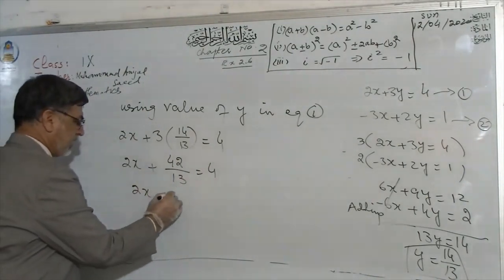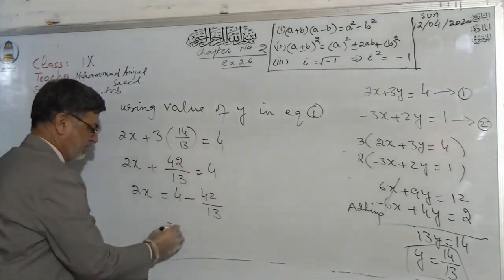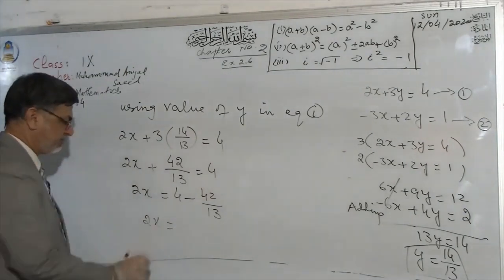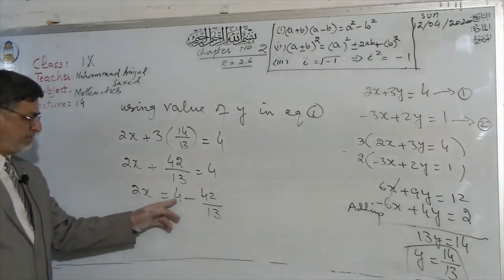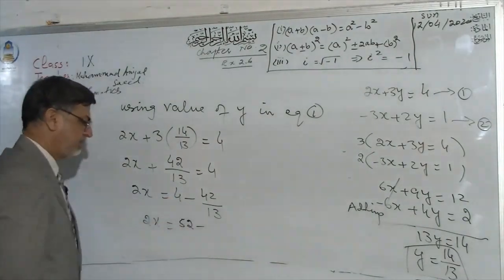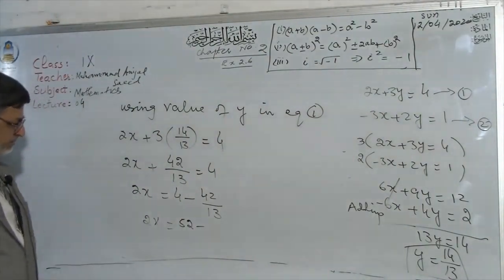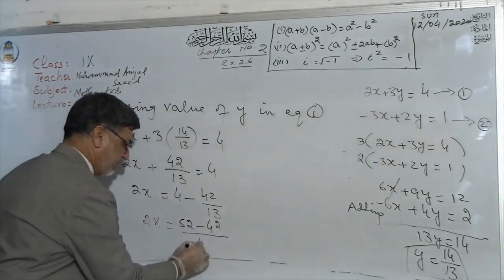2x is equal to 4 minus 42 over 13. This is 2x. Here is 13 fours are 52, 52 minus 42 over 13.